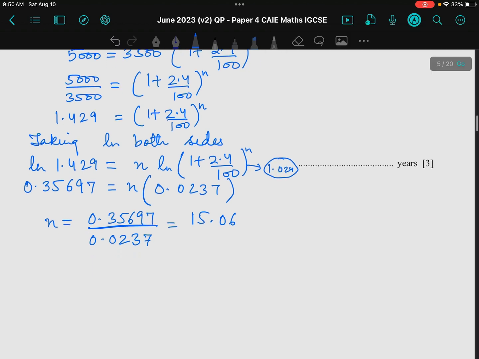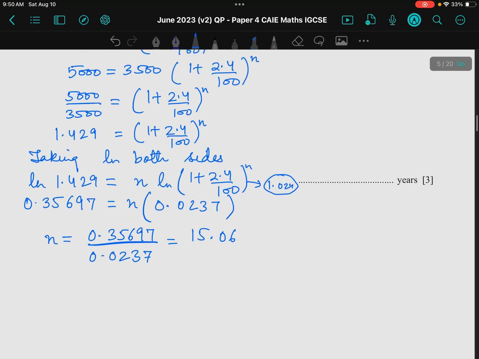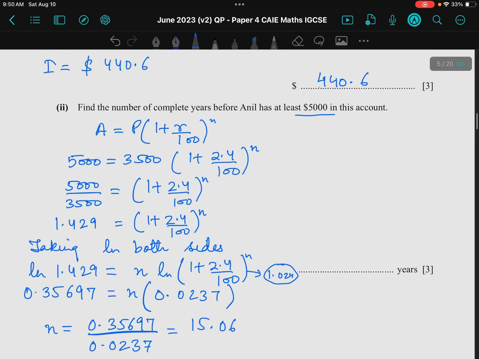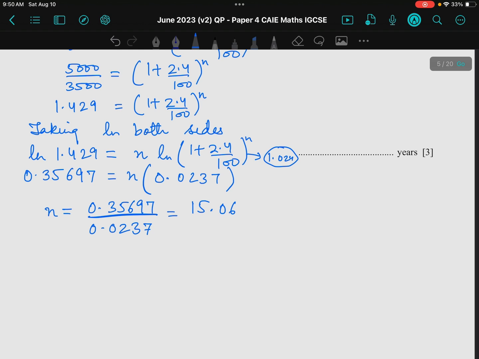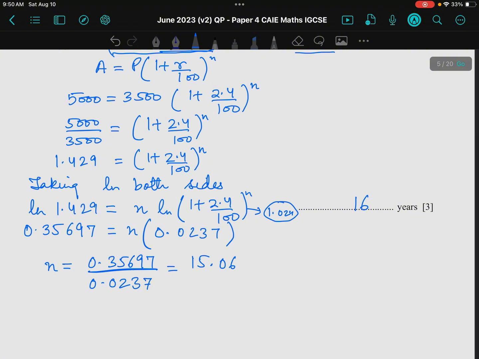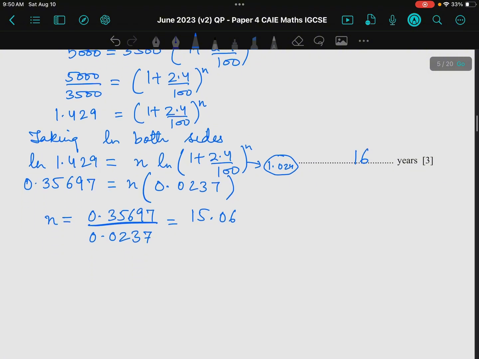So 15.06 is more than 15 years. They have asked for complete years, the number of complete years. So that means n is equal to 16 years. More than 15, that means he needs 16 years so that the amount 3,500 will become 5,000. Therefore, n is equal to 16.